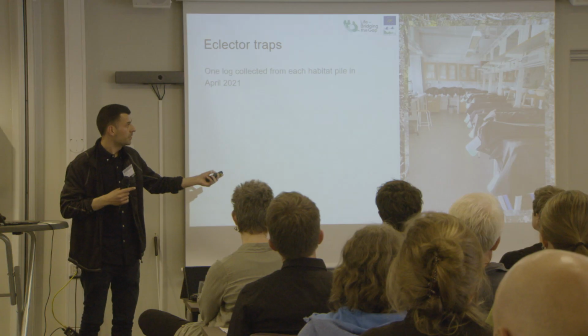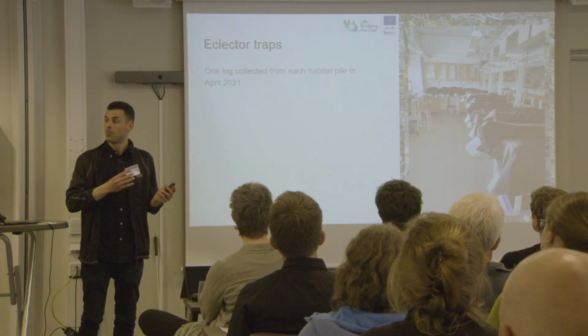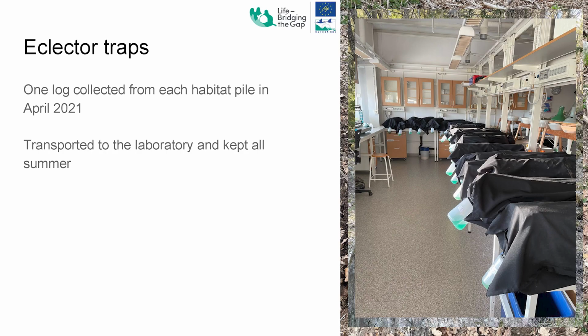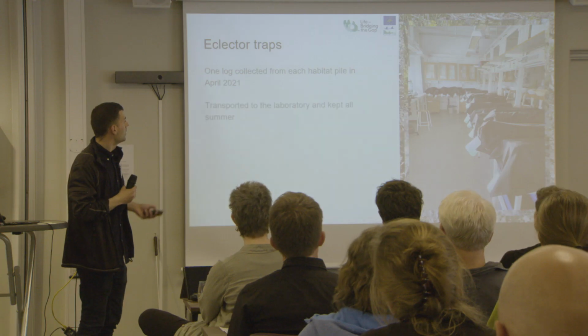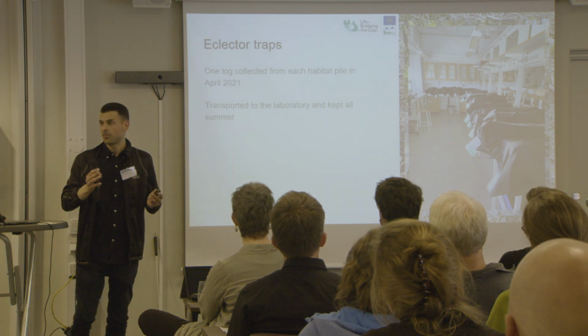These were transported to the laboratory, where they faced the window and received sunlight into the opening. The beetles that hatched inside of these logs would crawl out of the opening and down into the bottle with preservation fluid, and they were kept there throughout the whole summer.